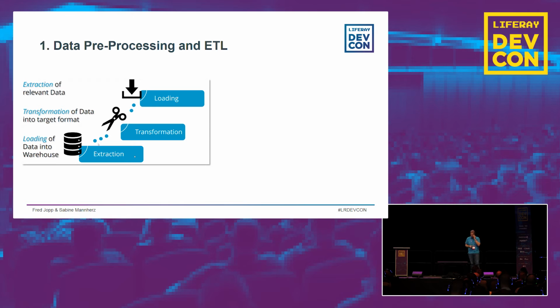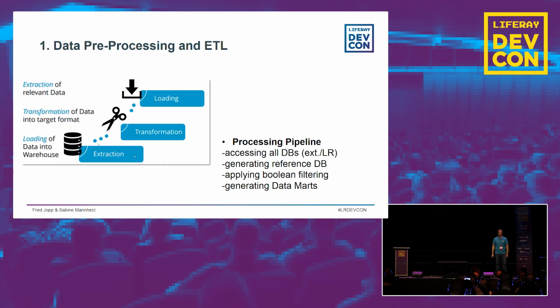So what we're doing here is classically extraction of the relevant data, transformation within a unified database, and then loading the whole thing into the data warehouse. The processing pipeline here is accessing all databases, be they internal or external, generating one unique reference database, not normalized, but with unified data that can be accessed from all of those ML routines.